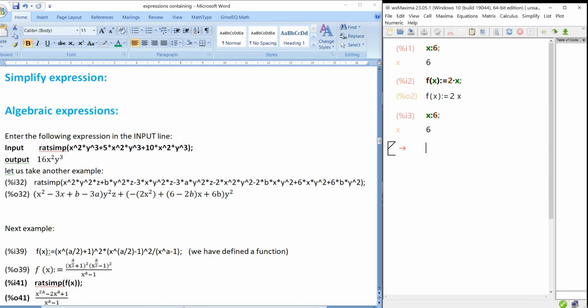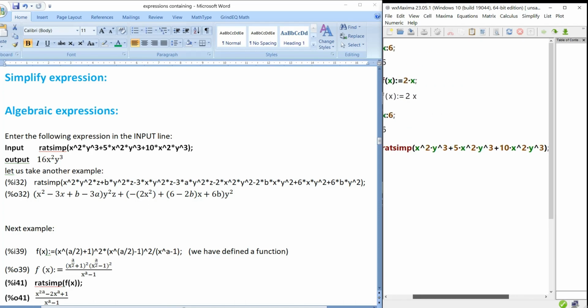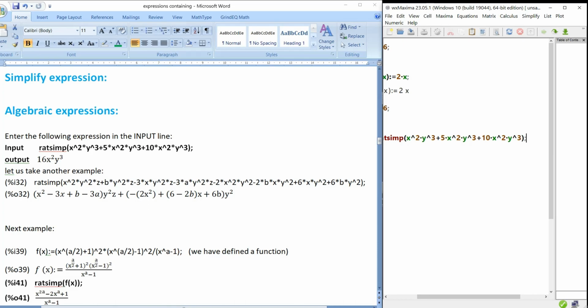This is the expression, and I am going to enter this expression on the right portion of my computer screen. Here I have written this.